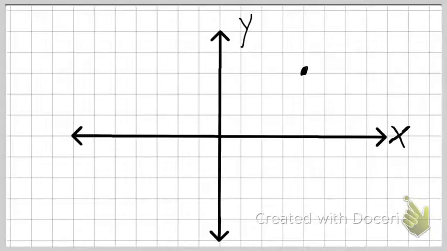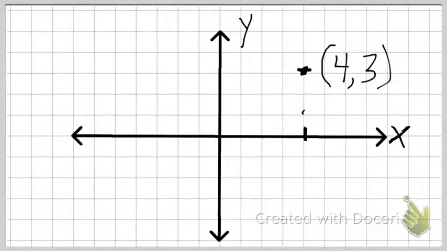So in this case I've placed it 1, 2, 3, 4 horizontal boxes to the right, and 1, 2, 3 vertical boxes up. And I could identify the point as x comma y. In this case it would be 4 comma 3. And then you got the problem right and everyone was happy, and then you moved on.